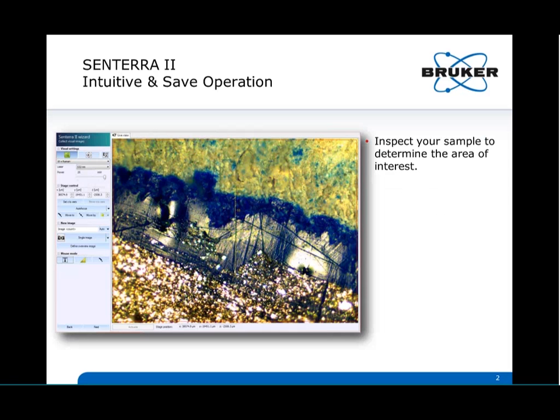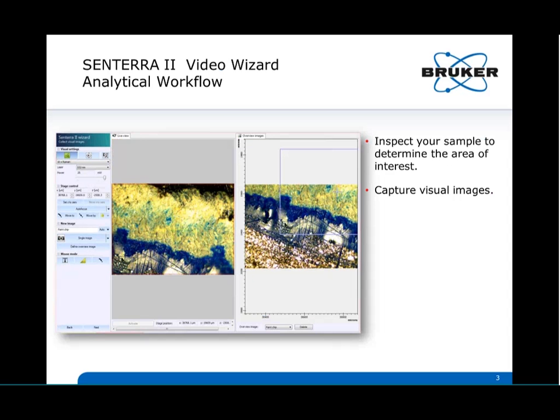Let's have a look at the video wizard of the SENTERRA, which guides the user in a very straightforward way through the measurement routine. The first step is to inspect the sample in the area of interest. In the next step, pictures are taken of the area of interest.